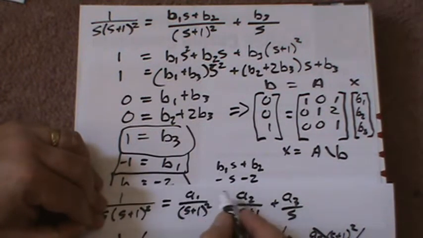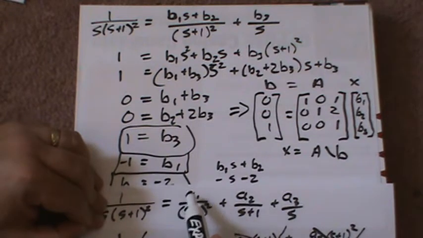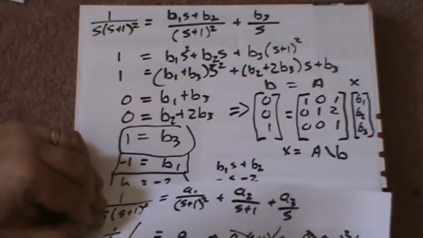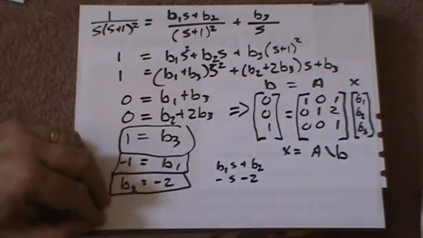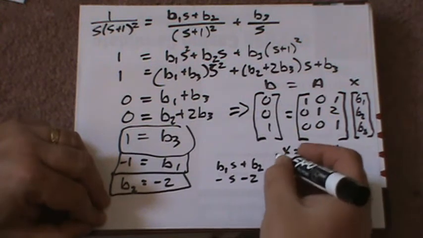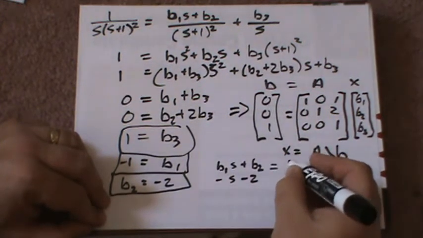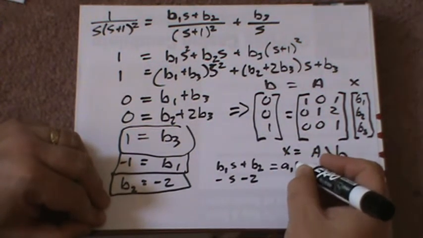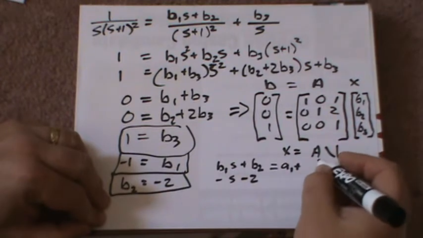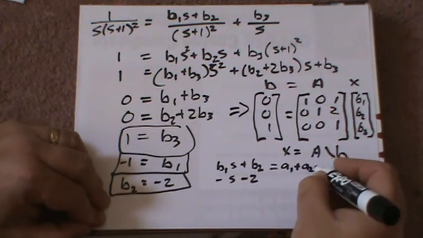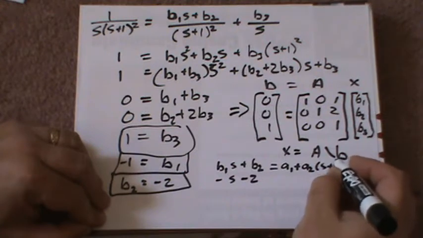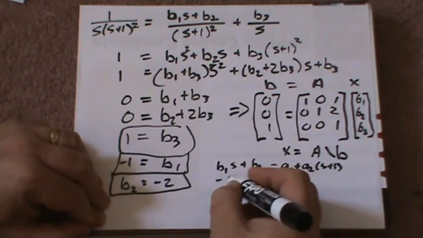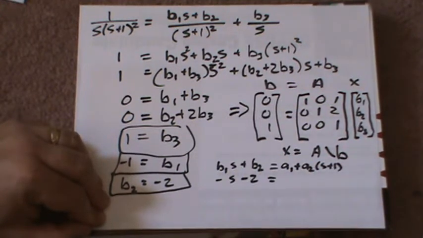But to get the combination of these two, a1 plus a2 times s plus 1, so the denominators are the same, must be equal to this. So that means this has to be equal to a1 plus a2 times s plus 1. And I got this for my b's.